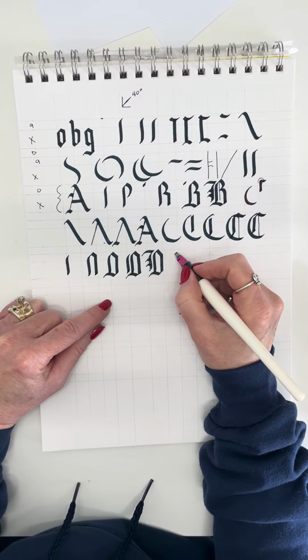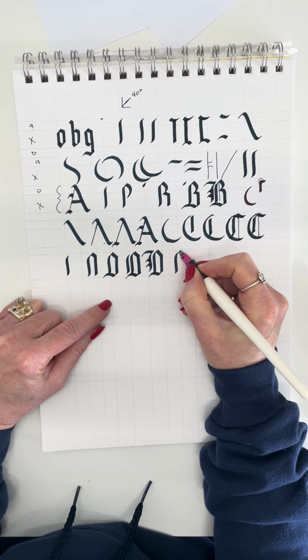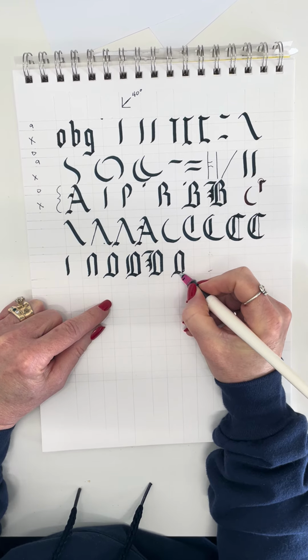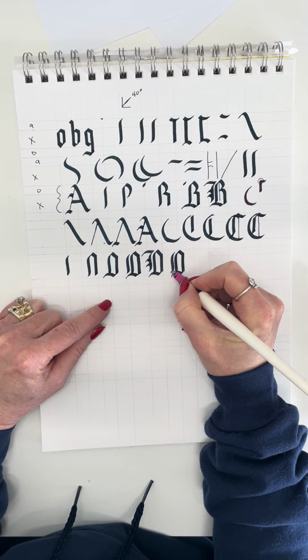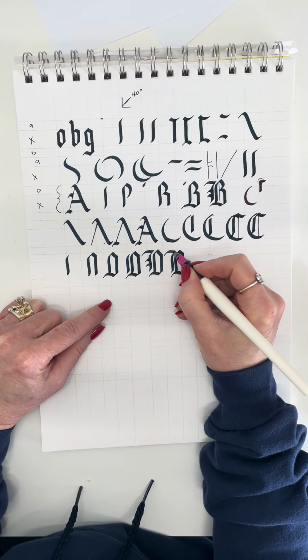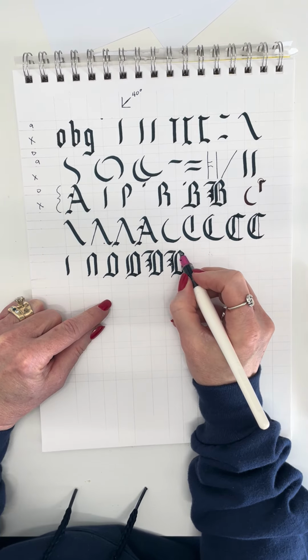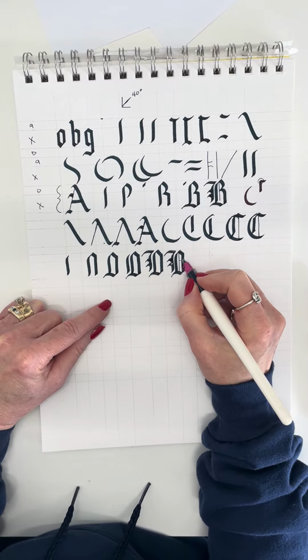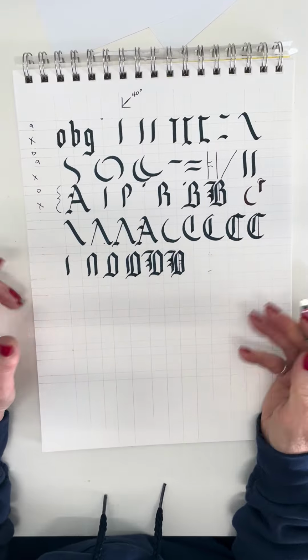And then, because we can, right, I'm going to do a few more little ornamentations to it, like that. And then I would do a line straight down like that. And something like that. So that would be a D.